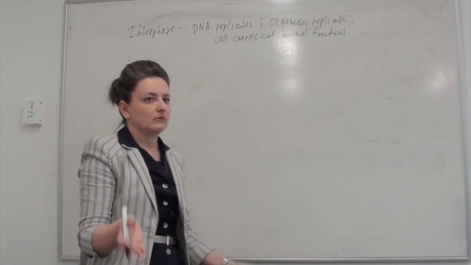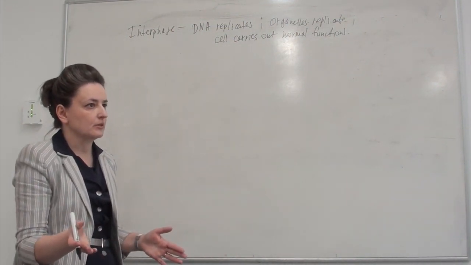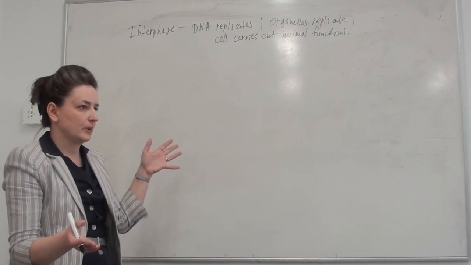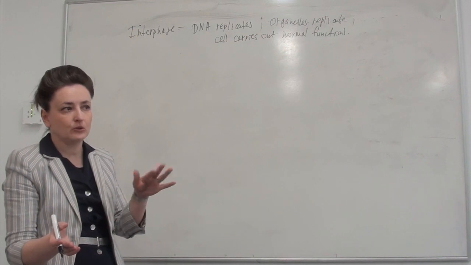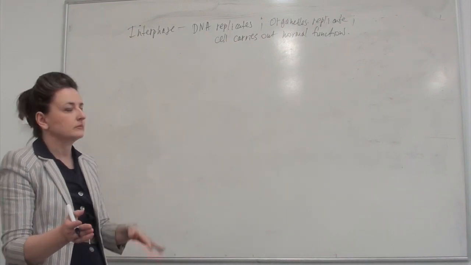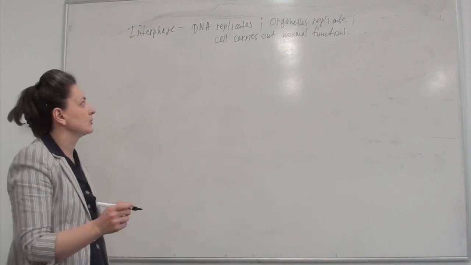So once the cell is ready, it's going to go into the first division. The parent cell contains 46 chromosomes, the diploid number, not 23, so it's pretty much a bog standard normal cell of your body.